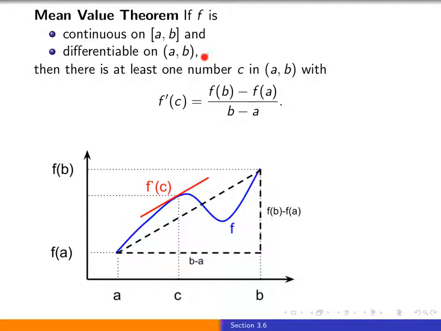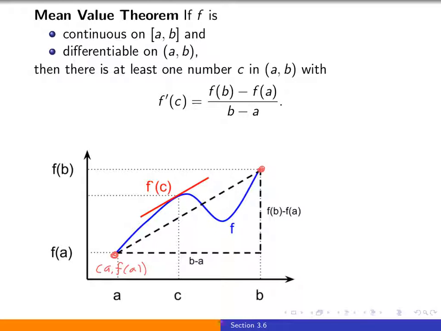If these hypotheses are satisfied, then the conclusion is that there is at least one number c in the interval from a to b, with the derivative at c being f of b minus f of a over b minus a. And let me just note the geometric interpretation here. Corresponding to a, we have the point on our graph, a comma f of a.